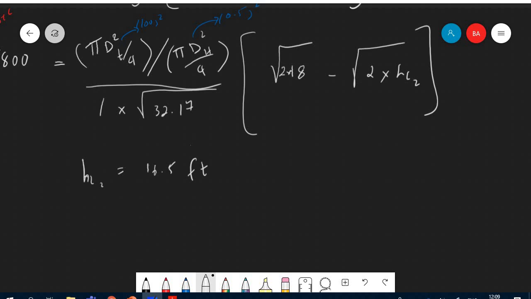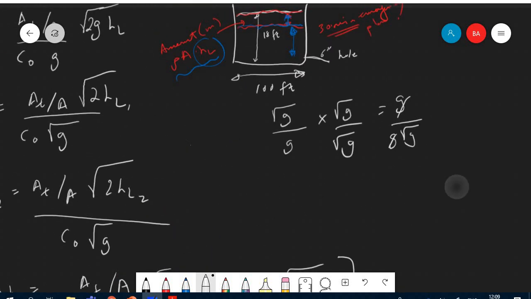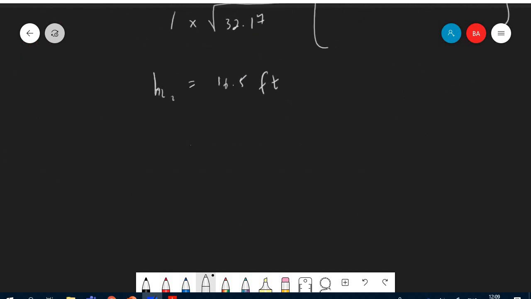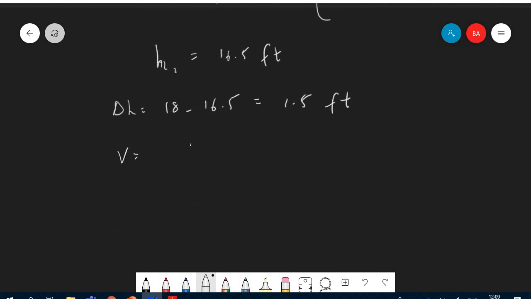So in this case, this will be 100 square, and this will be 0.5 feet square. So substituting all that, to find HL2, I find that HL2 is equal to 16.5 feet, and that is the distance which is above, as I said before.